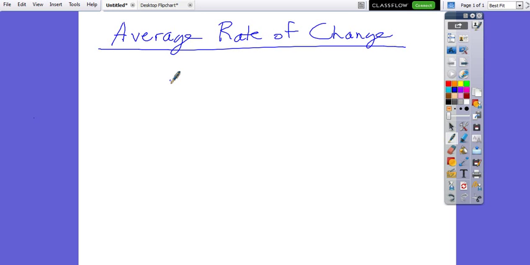Okay, average rate of change is going to be used with reference to any curved graph.